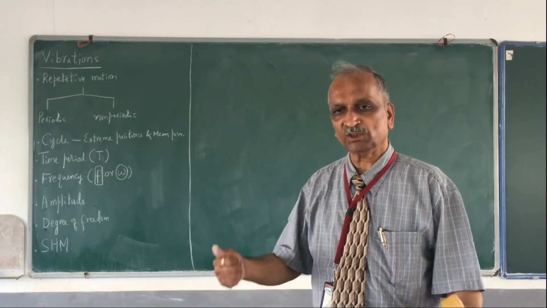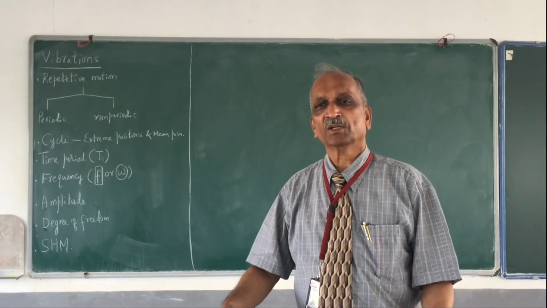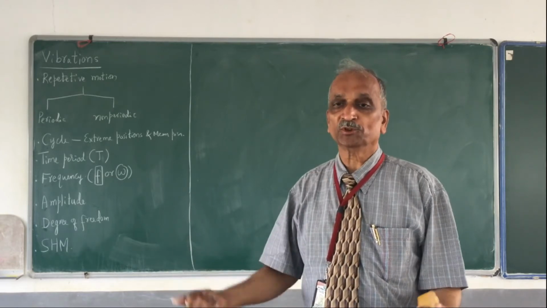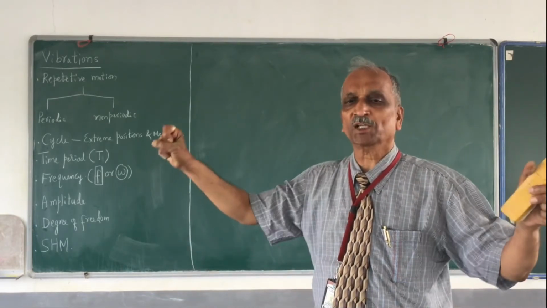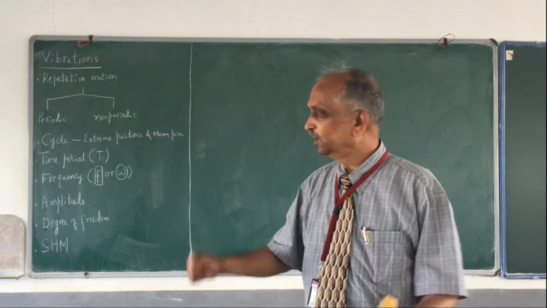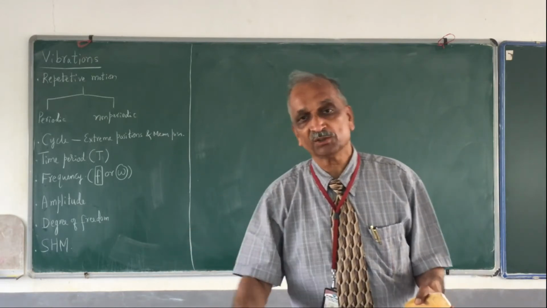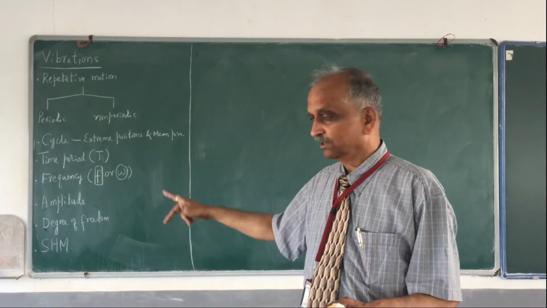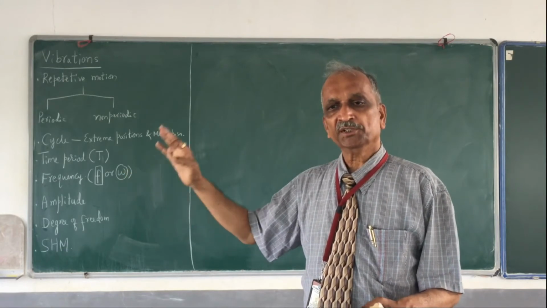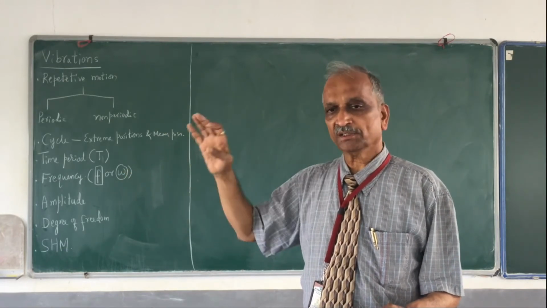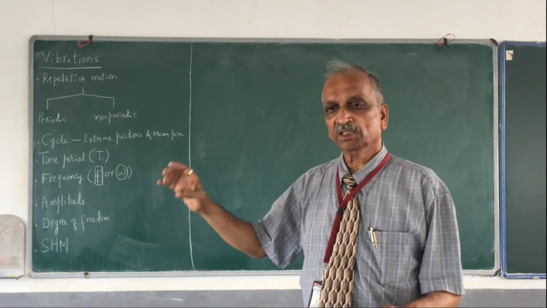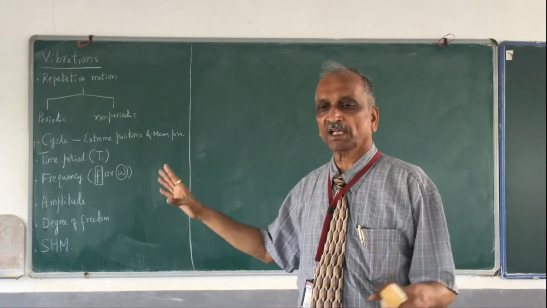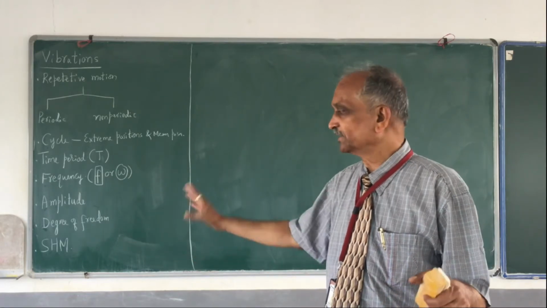So I have a system which is dynamic, which is moving, occupying different positions. Where is the system? At any time I should be able to tell. For that, how many minimum number of independent coordinates are required? That is called degree of freedom. I repeat, the minimum number of independent coordinates required to specify the position of a system at any time is known as the degree of freedom of that system.